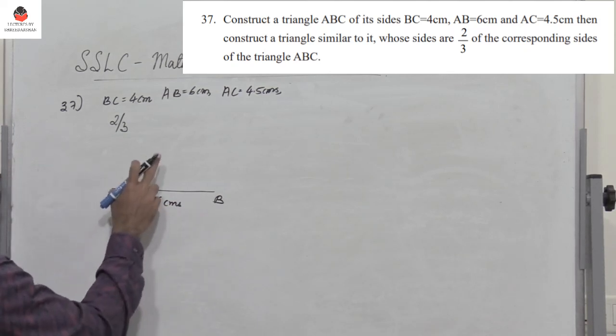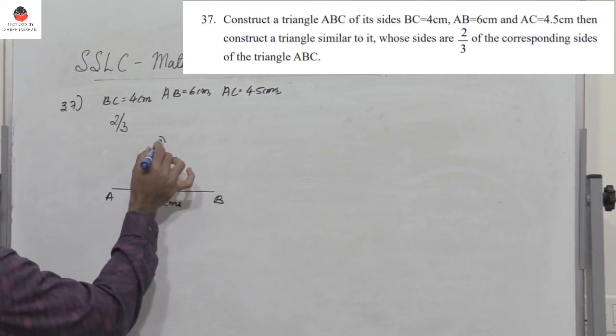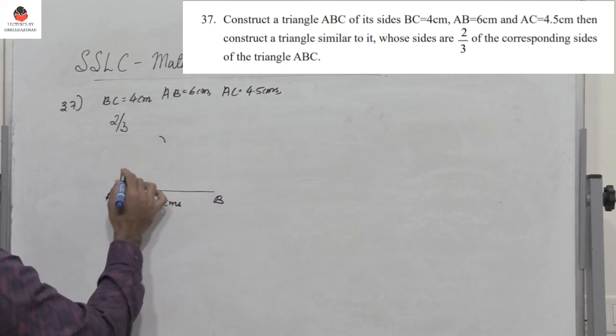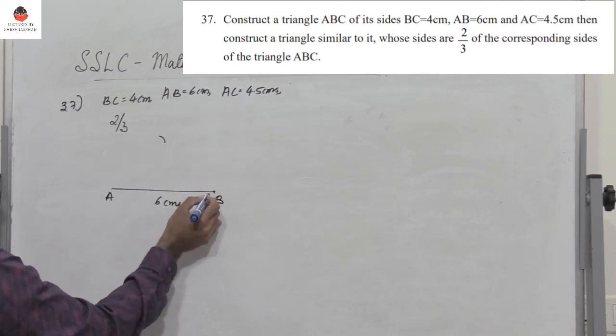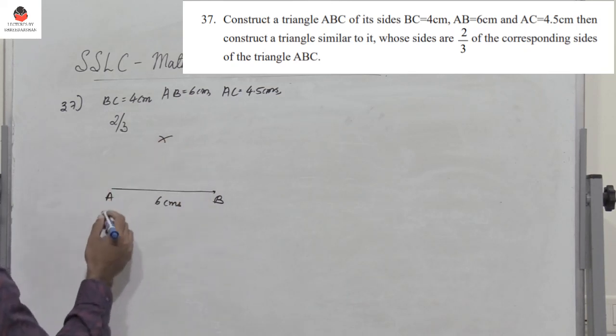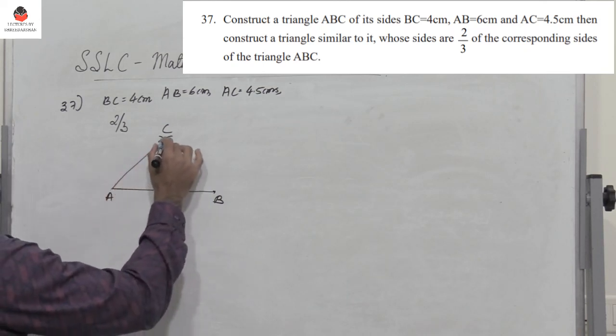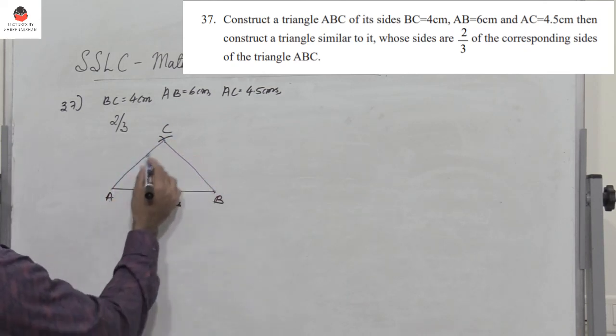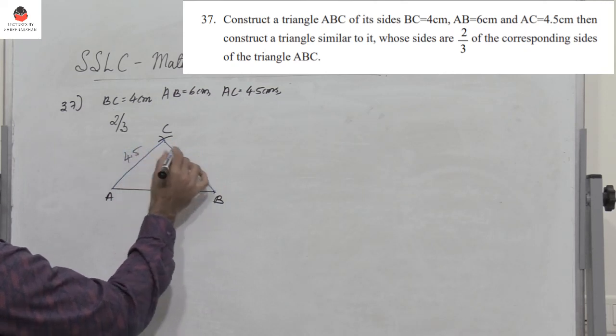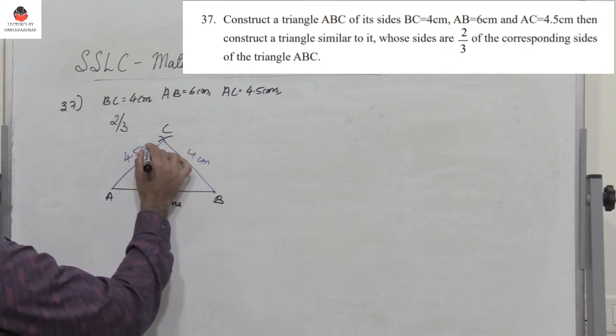So now with A as center, with 4.5 centimeters cut an arc, and then from B as center with 4 centimeters cut another arc. So this becomes point C. So join AC and join BC. So AC is 4.5 and this is 4 centimeters.